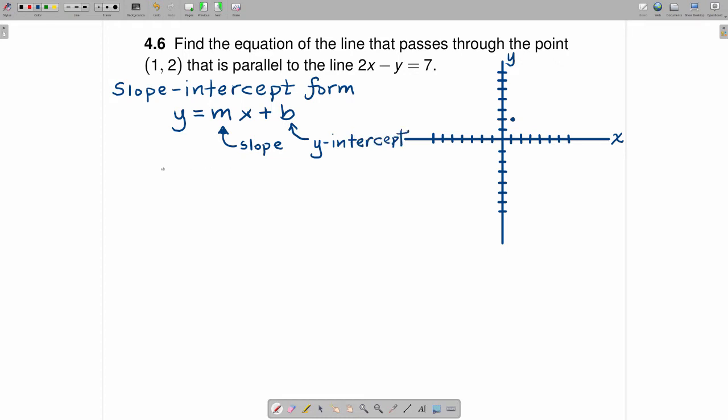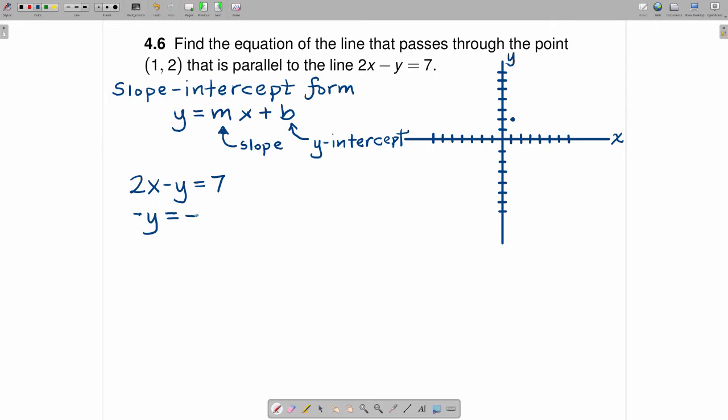So let's start into that for the line 2x minus y is equal to 7. In order to put it into this form, we want to isolate y on the left-hand side of the equation. So the first step will be to subtract 2x from both sides of the equation. That will leave us with minus y on the left-hand side.